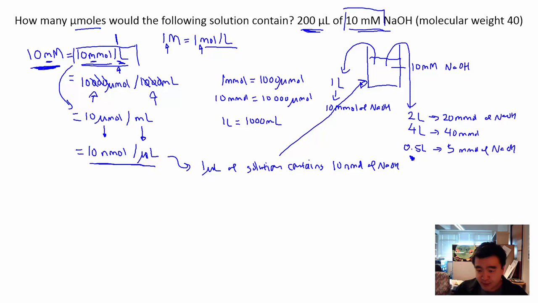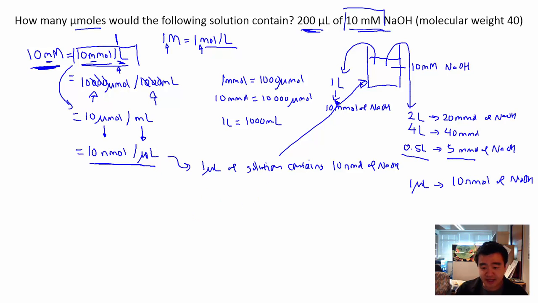Since we were talking here about how half a liter contained 5 millimoles, now we can say 1 microliter contains 10 nanomoles of NaOH. So this means if we took out 1 microliter of this solution, in our pipette, in our container that's holding this 1 microliter, it would also be holding 10 nanomoles of this NaOH.